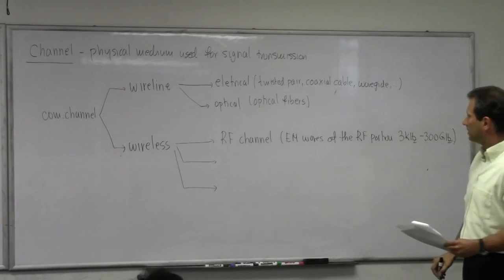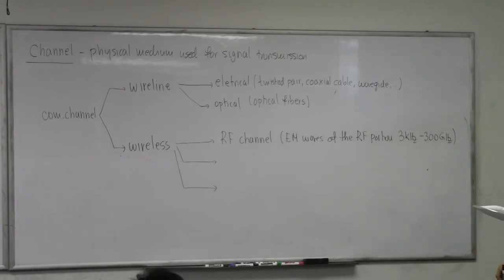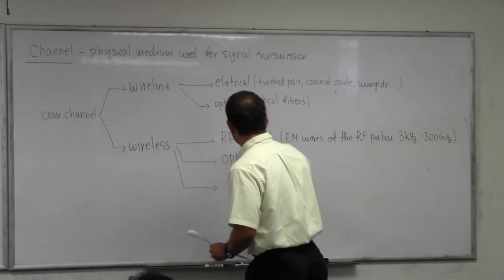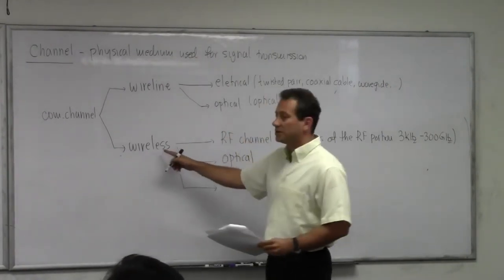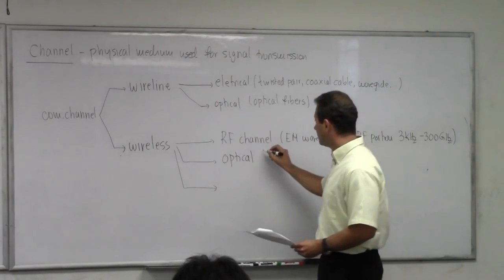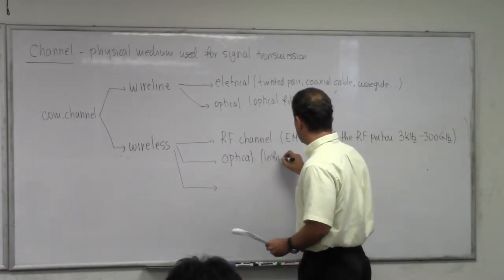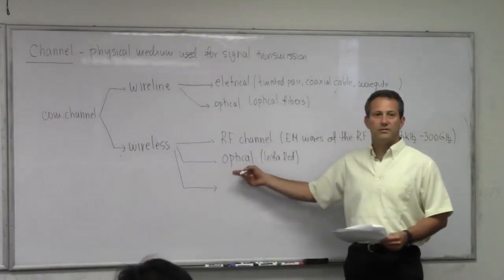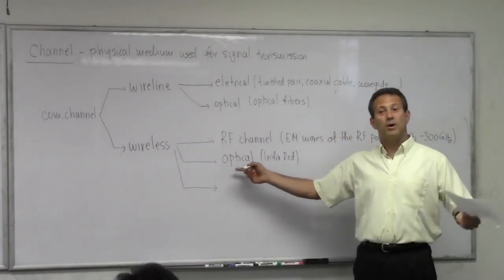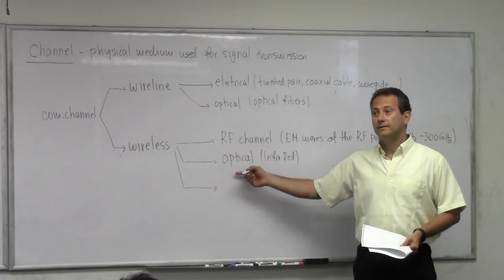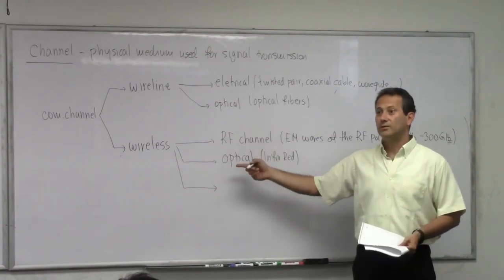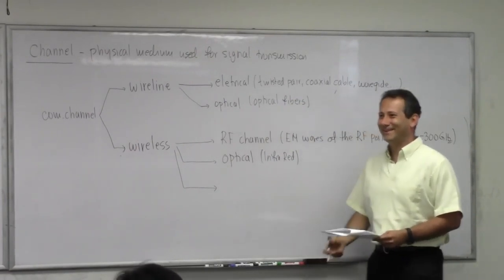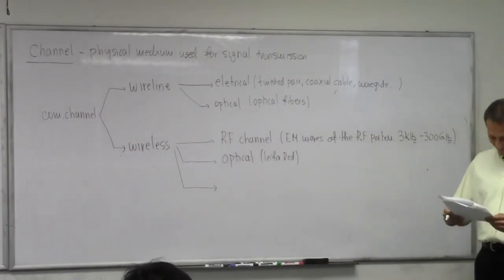That's where the RF spectrum resides. Then you have the optical wireless channel. These are your communications in infrared. What would be a device that would use this kind of channel? A very popular device: laser. Another one, even more popular: remote control. Don't forget the remote control.